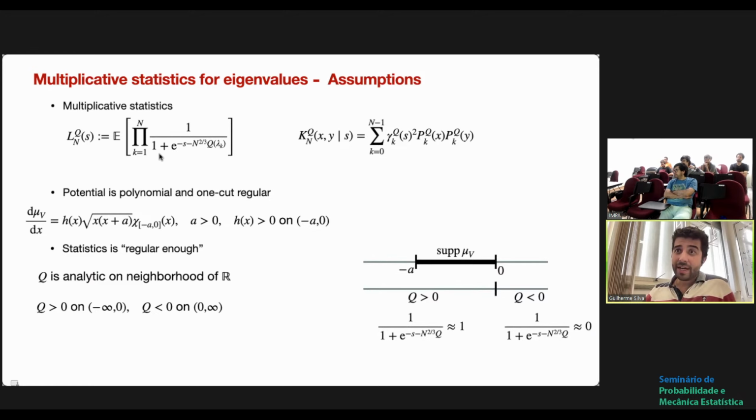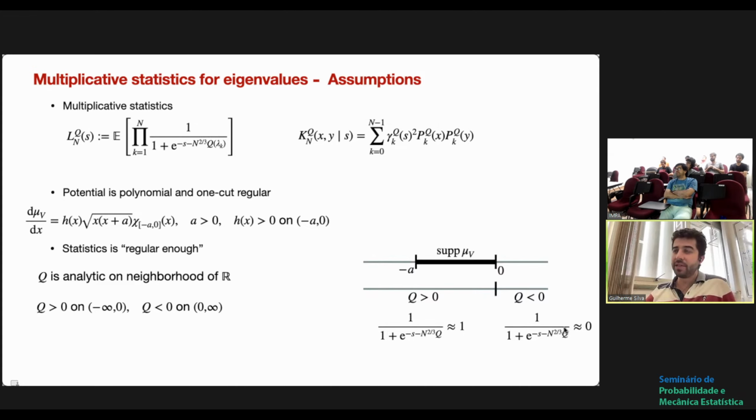We view this guy here, the statistics, as a certain deformation of the original matrix model. And when n grows, those conditions on Q are saying that on the support of the equilibrium measure, this deformation is almost like 1, and to the right of the support of the equilibrium measure, this deformation is almost like 0.